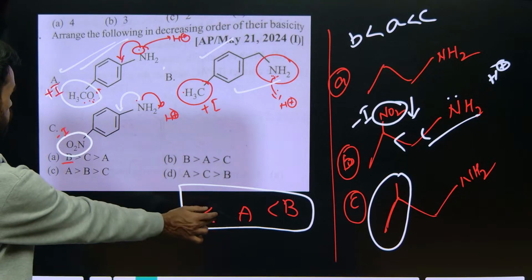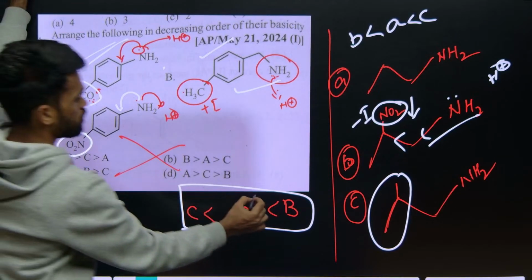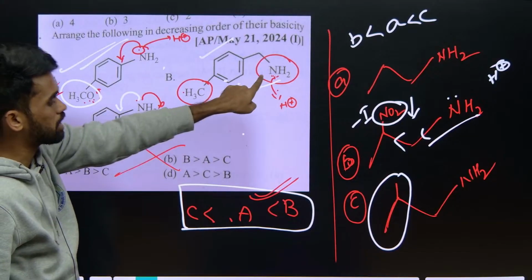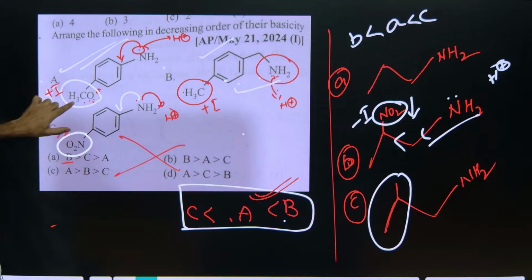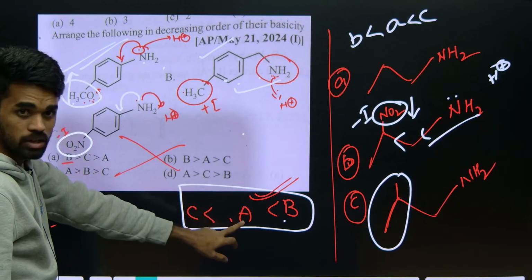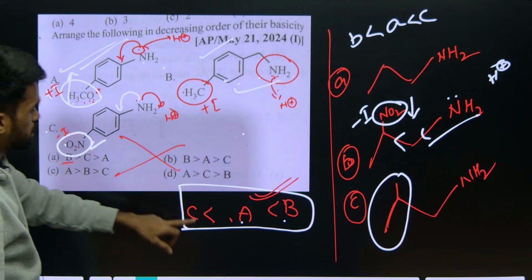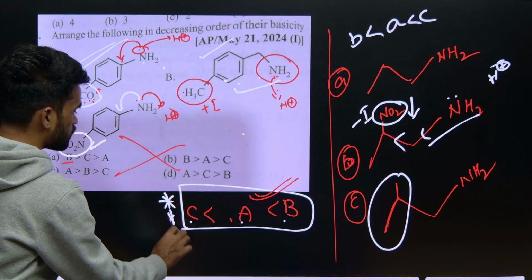Yes, A should be more basic, but there is no such option. Definitely this will be the answer for the question. So B is more basic, aliphatic amines are more basic. Between these two, a releasing group is there, that increases the basic nature of the amine, yes, B here. And this is a withdrawing group that decreases the basic nature of the amine, so that should be least. So this will be the perfectly correct answer for the question.